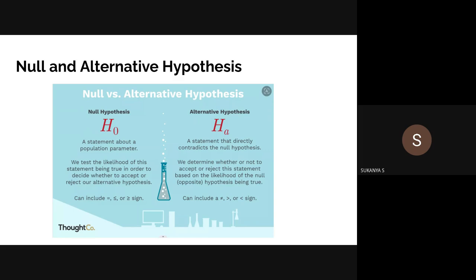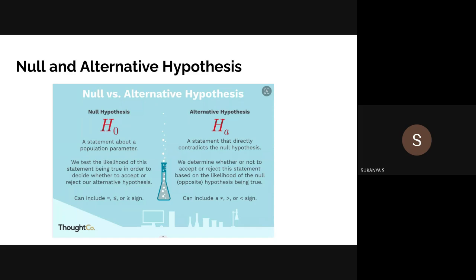Now, on the basis of your data, you want to test if this claim is actually proven through your data, or is it just a fallacy seen by your eyes? That is what we need, always a backing. We need proof that yes, this claim is indeed true, or indeed false. That is what is defined as the null hypothesis.